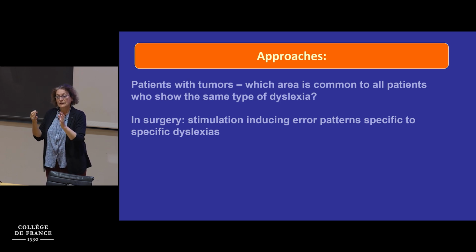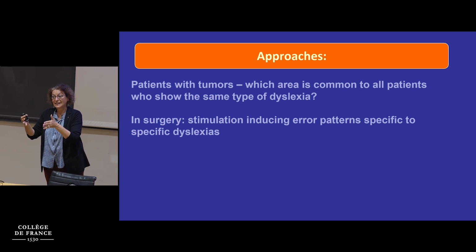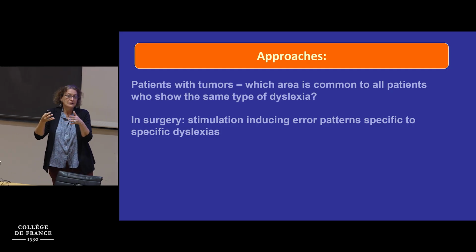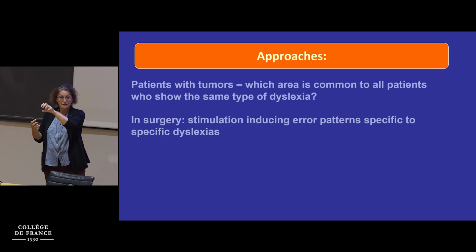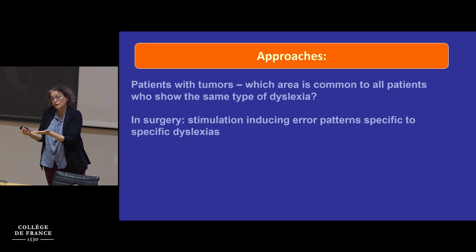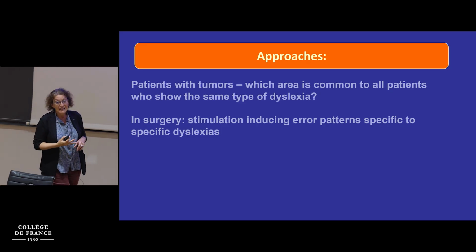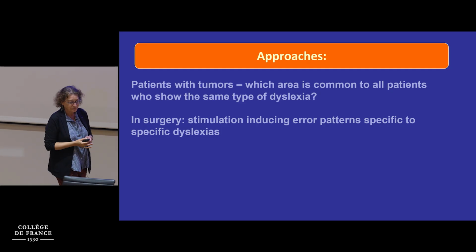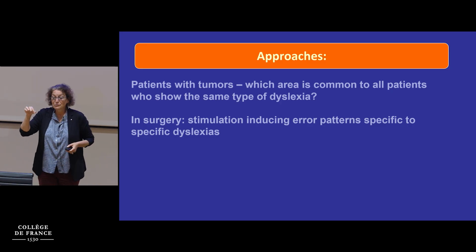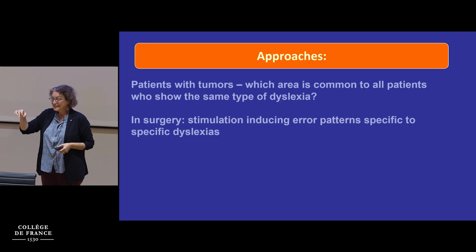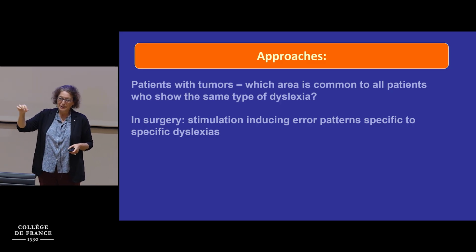And we want to see for patients who show exactly the same kind of reading impairment, where their tumor is and to see where is the parallel area that is impaired in all of them. And this will give us information about where this process is in the brain. This is one way to look at this question. Another way to look at this question is by looking during stimulation to see on which tract, when I stimulate the arcuate fasciculus, what happens?